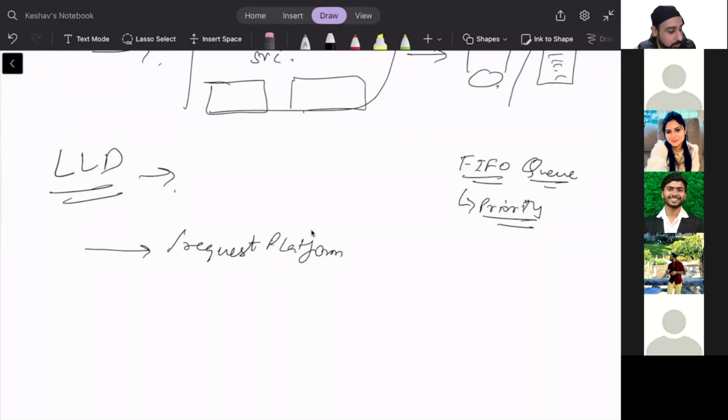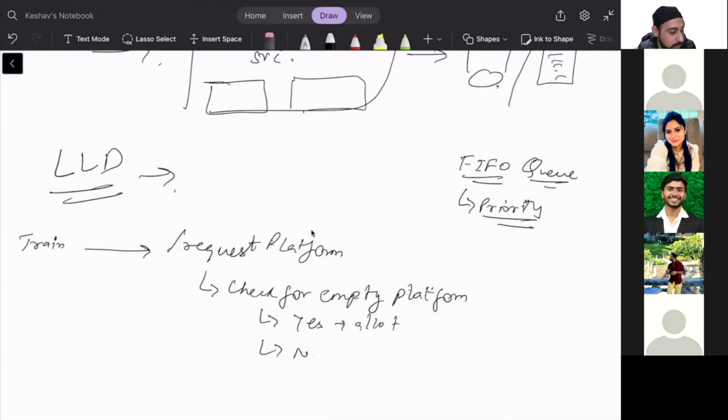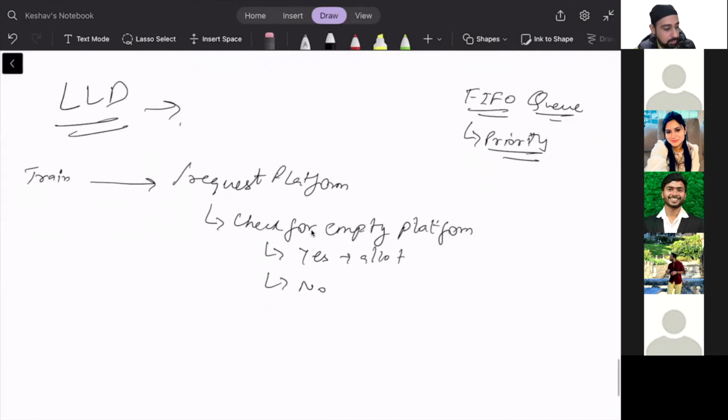Let me write it down. So you say request a platform by a train, and you check for an empty platform. Correct. Yes, you allot. What happens for no? Wait or stop. How would you do that?